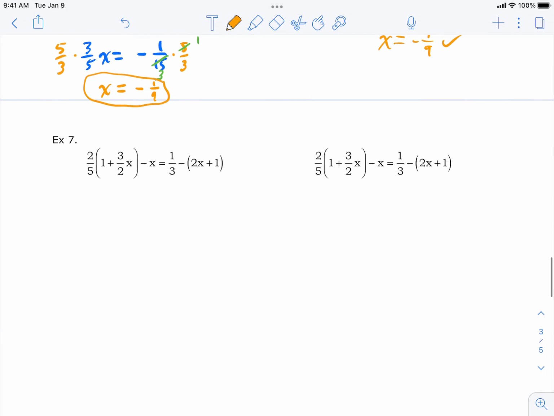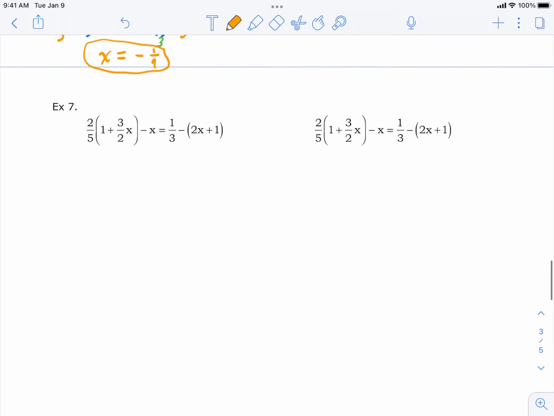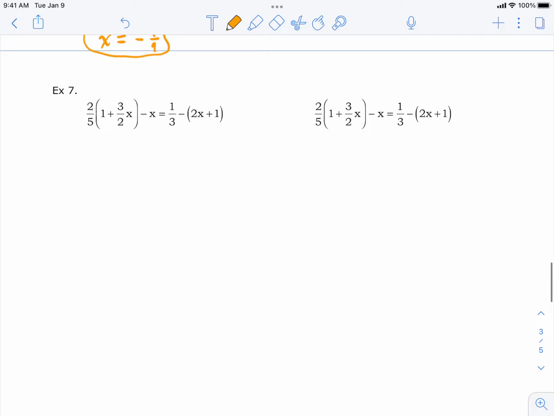Okay, one more nice, big, juicy example. Wow, do I really want to do this one twice? I don't know if I want to do this one twice. Let's see. Sometimes I use the clear the fractions trick back and forth with the brute force. In other words, let's say I wanted to try to clear fractions, right?